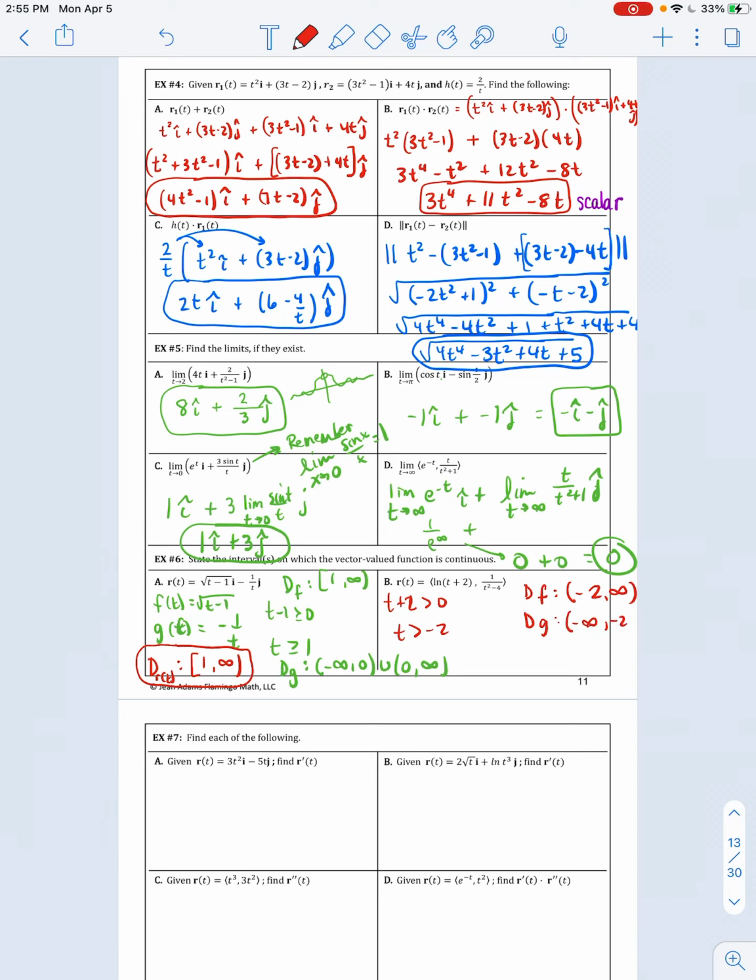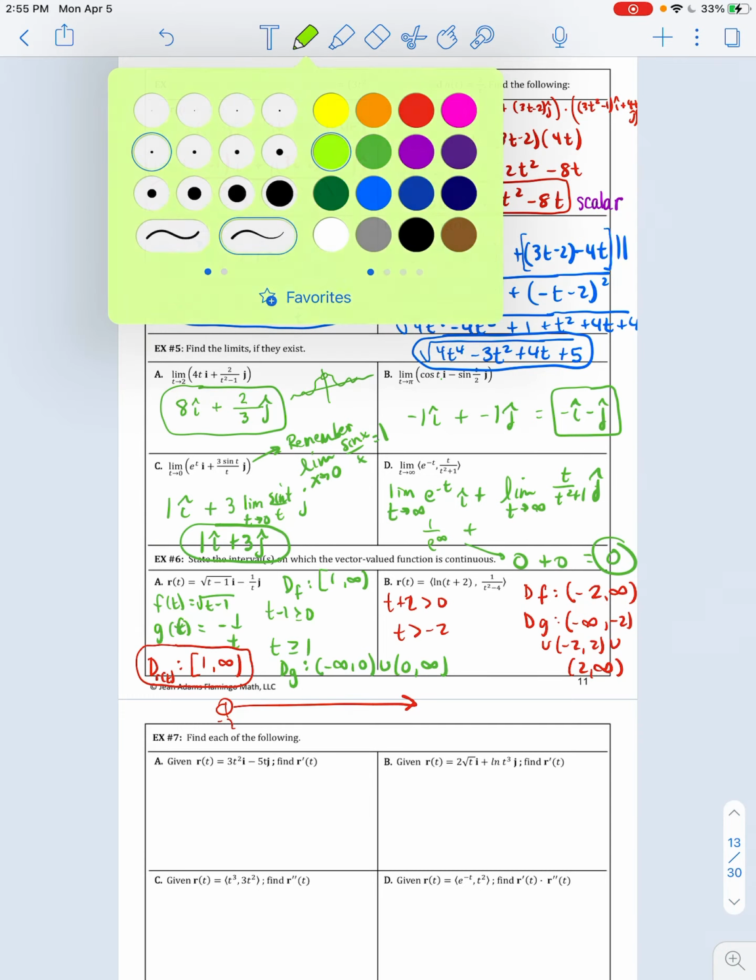So negative infinity to negative 2, union negative 2 to 2, union 2 to infinity. And the intersection of those is going to be, because think about this, if the first one was negative 2 to infinity, the second one, I'll do it in a different color.